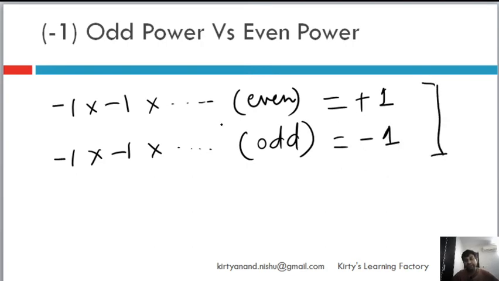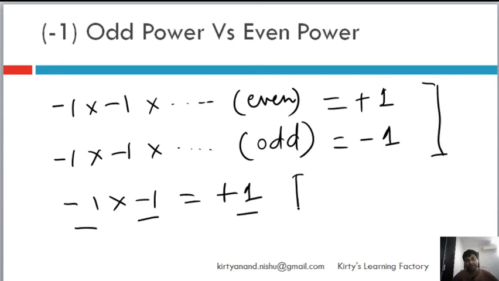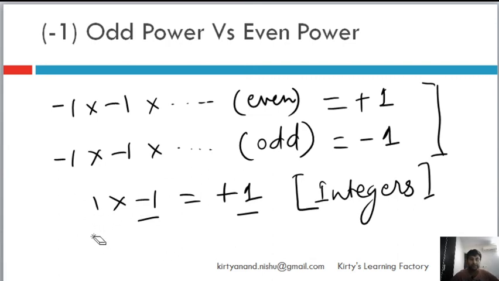Now why it is like that is because -1 into -1 is +1. Now why is -1 into -1 equal to +1? I will request you to go back to my video on integers, where I have covered multiplication of negative integers. You can go to that video and understand this. But for now I am assuming that this is something which I have explained, so I am not going to touch it again over here for the sake of time.